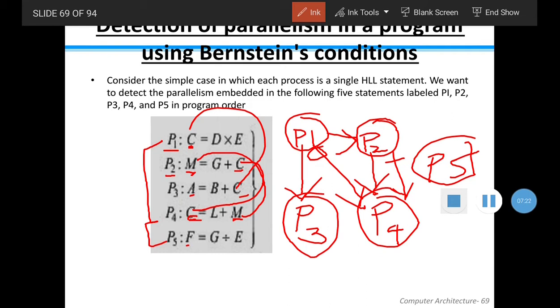Like that we have to draw the dependency graph so as to detect the parallelism. Let us see the diagram in the next slide.